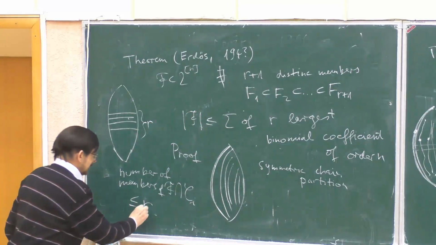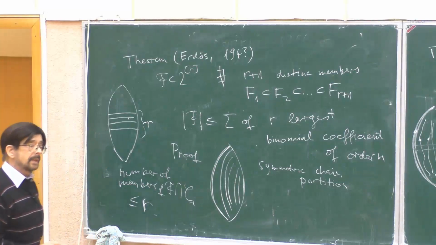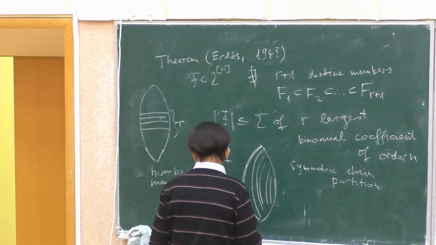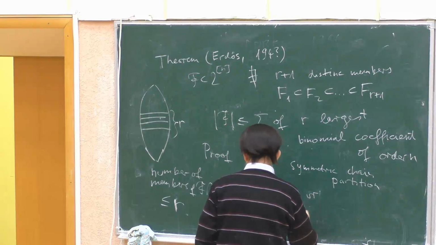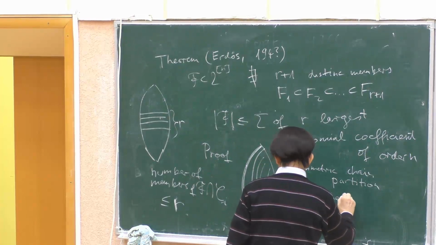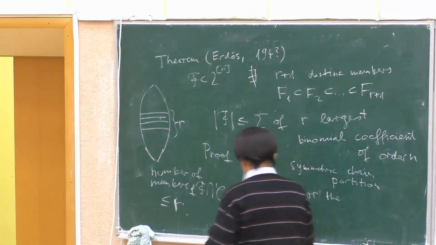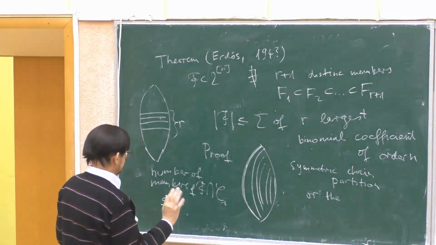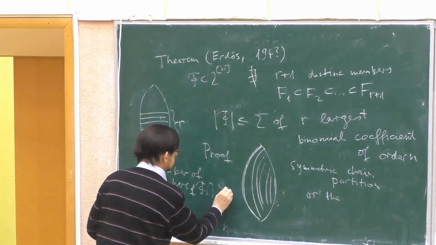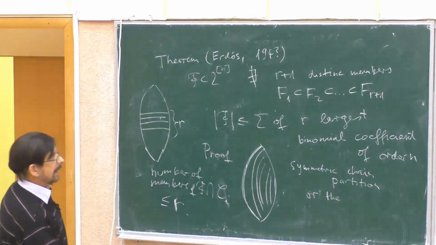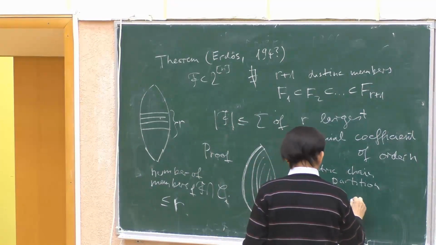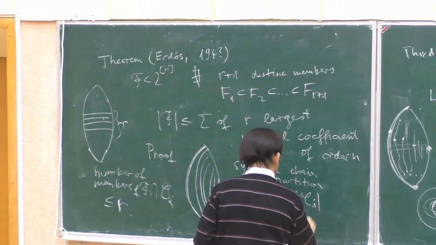So at most R. But here there is a little difficulty that we have smaller chains. So these were the chains, I guess, and the size of the chain.